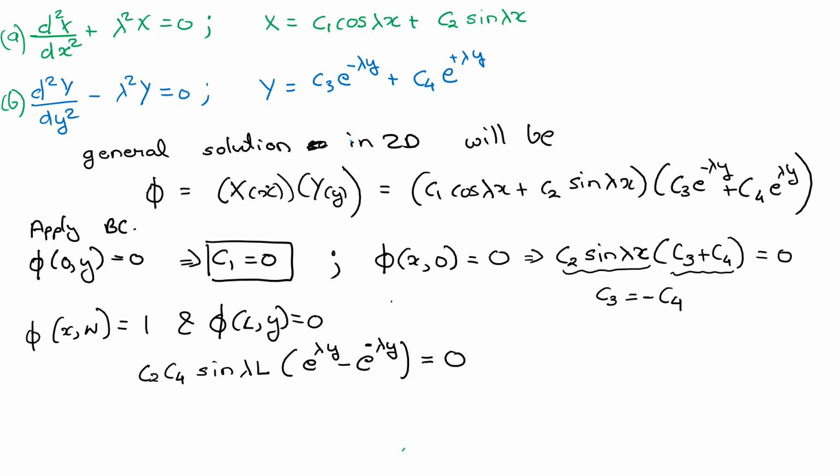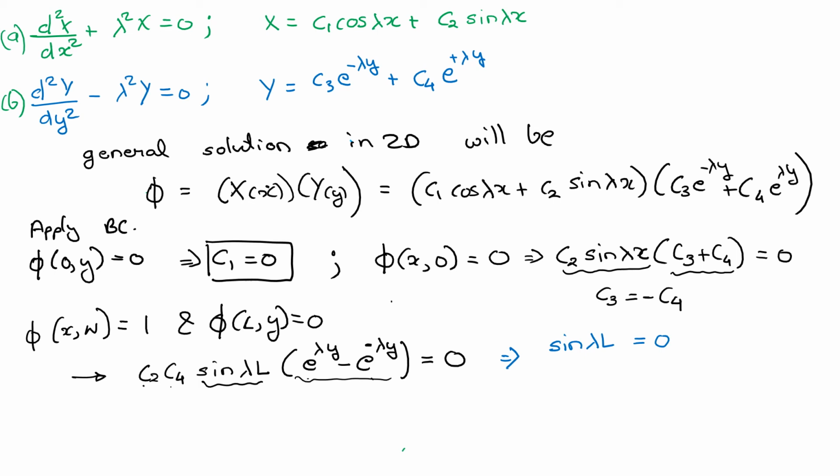Now the only way this equation can be satisfied is that we cannot have C2 and C4 as zeros, otherwise we won't get a unique solution. And the term in brackets will never be zero, so our sine term has to be zero. This implies that sine of lambda L has to be zero to satisfy this equation.